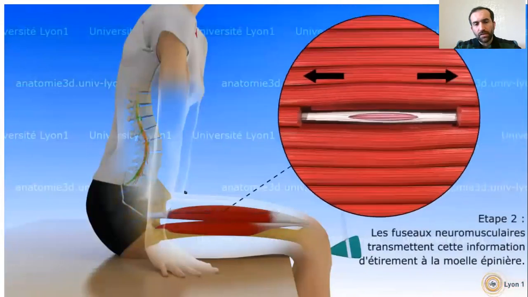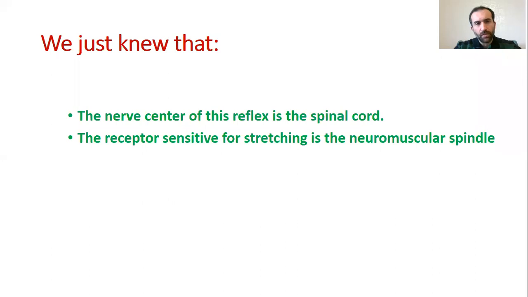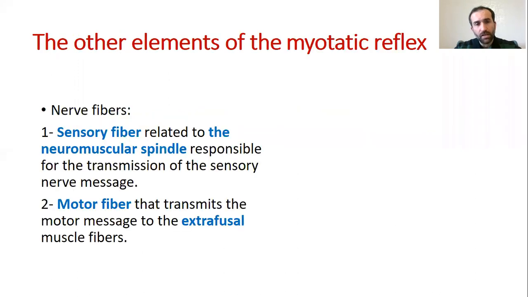After that, a motor message is directed to the muscle, and this motor message will lead to its contraction. We have just learned that the nerve center of this reflex is the spinal cord, and the receptor sensitive to stretching is the neuromuscular spindle. These are the two ideas that we have to study today.